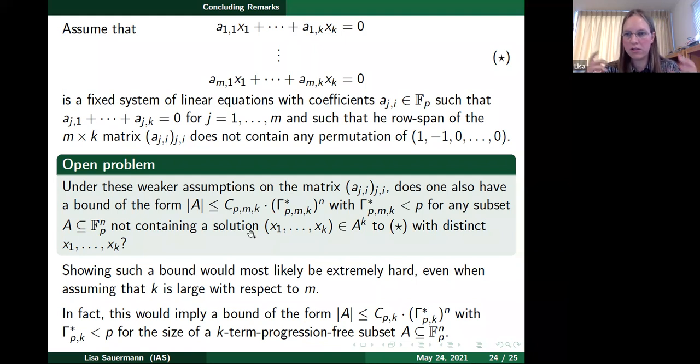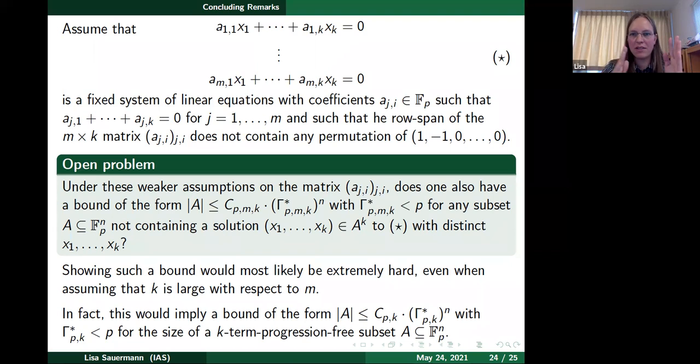But then if to that new system with k minus 1 equations, namely the k minus 2 original equations for the arithmetic progression plus the stupid additional equation introducing a lot of new variables, you had a solution with all distinct variables, in particular the first k variables from that arithmetic progression would give you a non-trivial arithmetic progression.